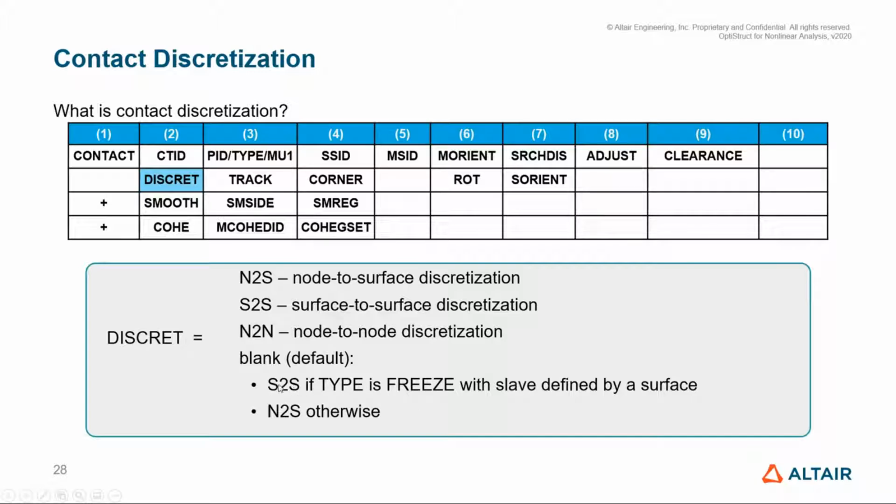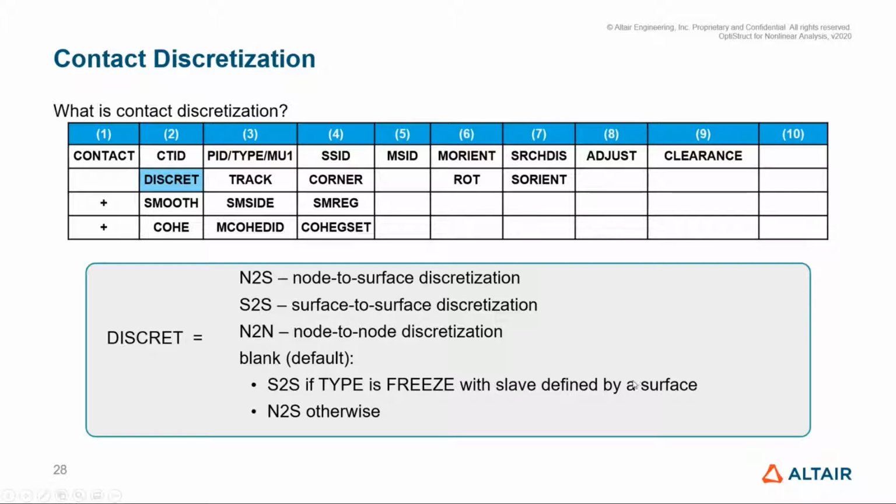There are some defaults here. If you are using freeze contact, there's going to be surface to surface. If your slave surface is defined with a surface, so we will learn later on, there are two ways to represent any slave surface: either by selecting the elements to be inside that surface set, or to place all the nodes inside the surface set. If you place the nodes inside the surface set, then the freeze contact generated will be node to surface.